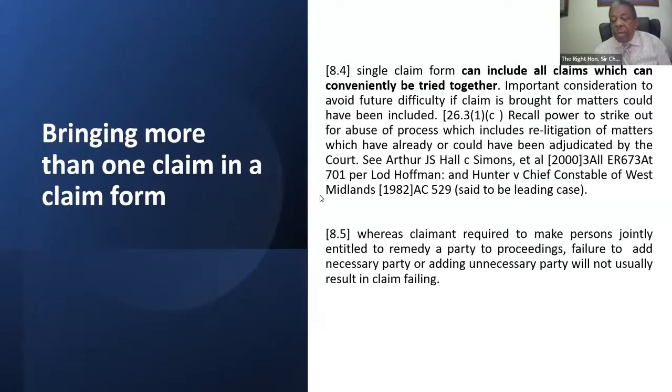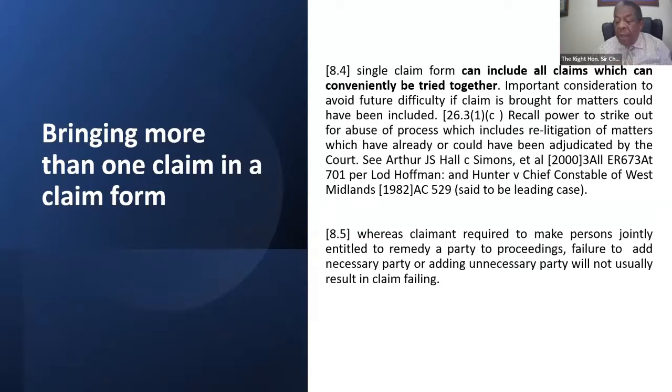Now, you can bring more than one claim in a single claim form if those matters can be conveniently tried together. This is an important consideration to avoid future difficulty if a subsequent claim is brought for matters that could have been included in that original claim.